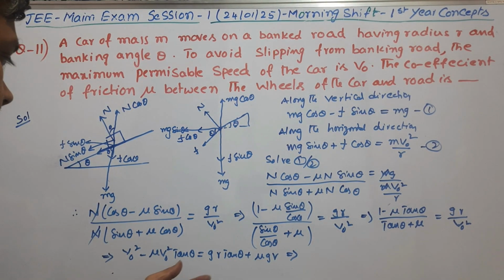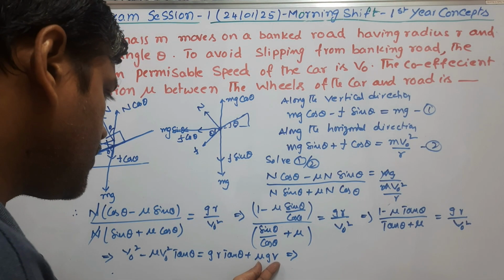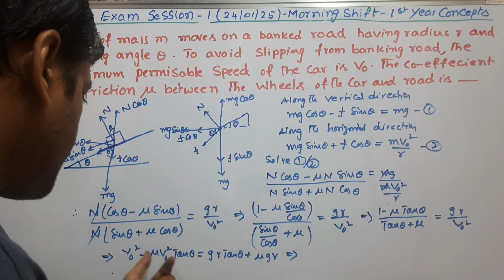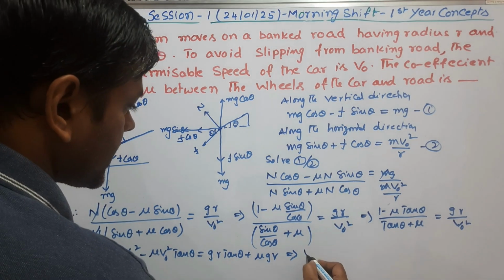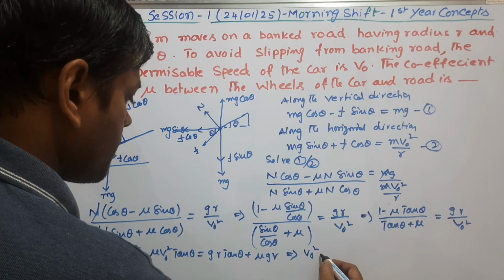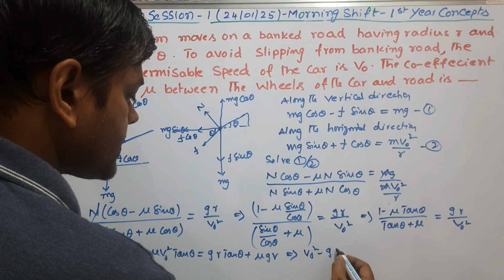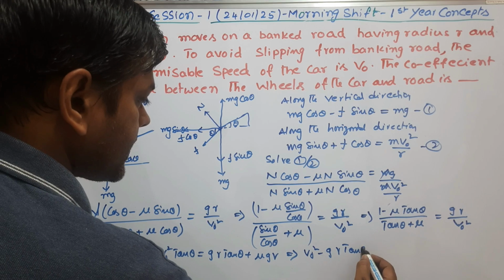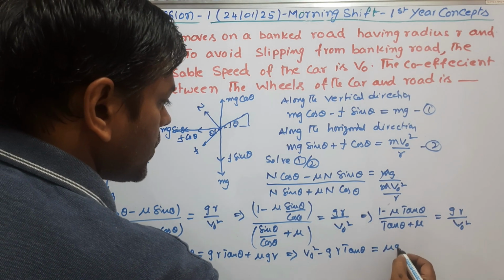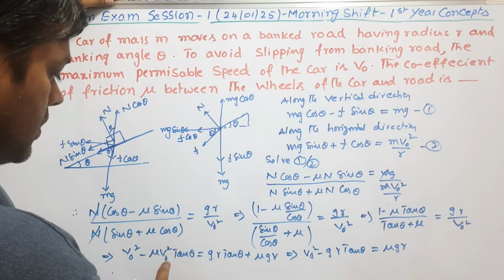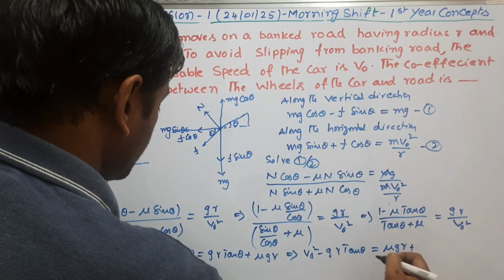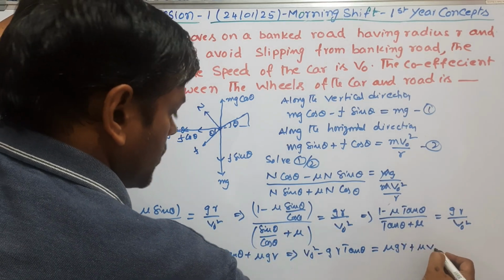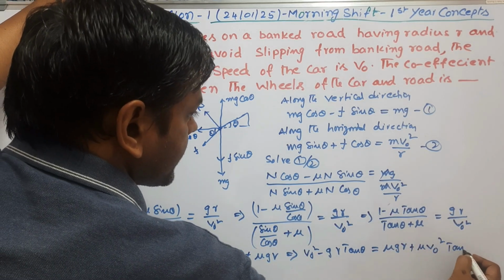Okay, now I want to calculate mu value. So V naught square minus gr tan theta is equal to mu into gr, plus mu into V naught square tan theta.